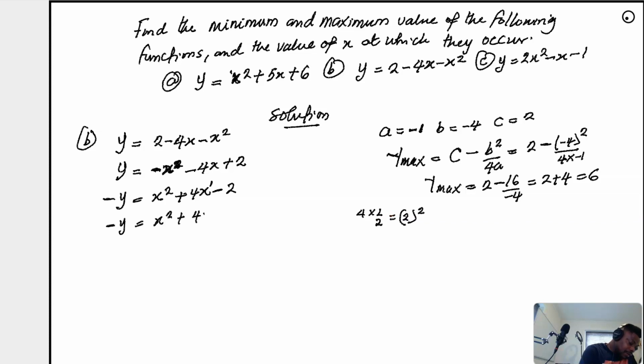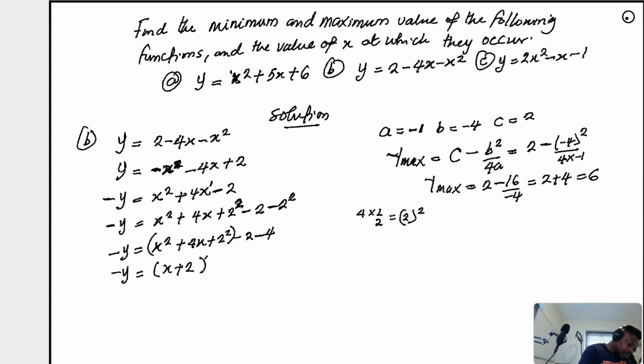So this is what I'm going to have: x squared plus 4x plus 2 squared, right? Then minus 2. But remember, you always put the negative 2 squared to that. So here we have x squared plus 4x plus 2 squared, minus 2 minus 4. So minus y is equal to, remember this one here can still be x plus 2 squared, right?